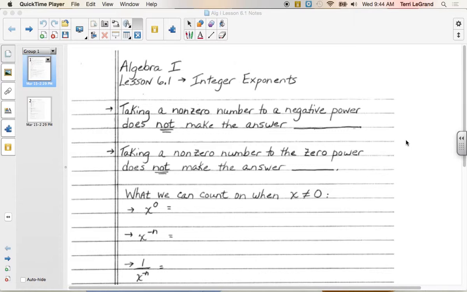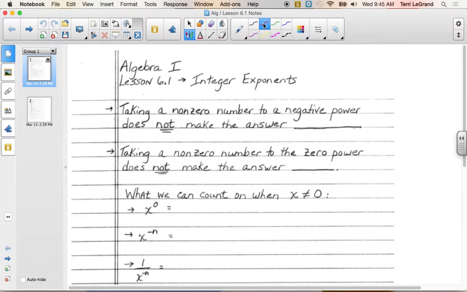So, taking a non-zero number to a negative power, you should have discovered it does not make the answer negative. And it's tempting to think that it will. Because it's to a negative power, we think, well, then that must mean it's going to make the answer negative. Did that ever happen?